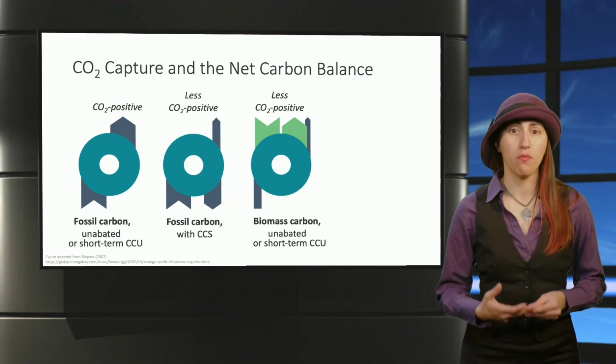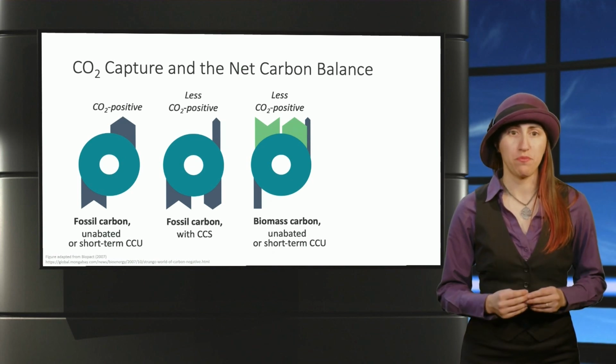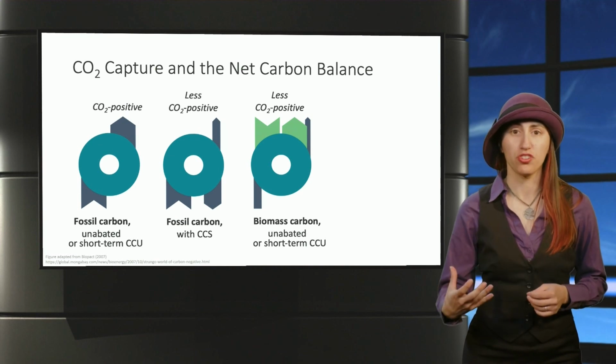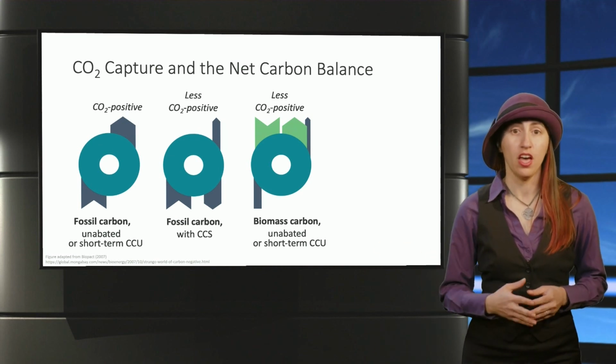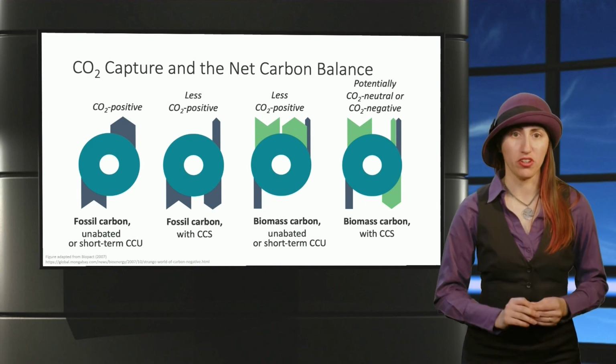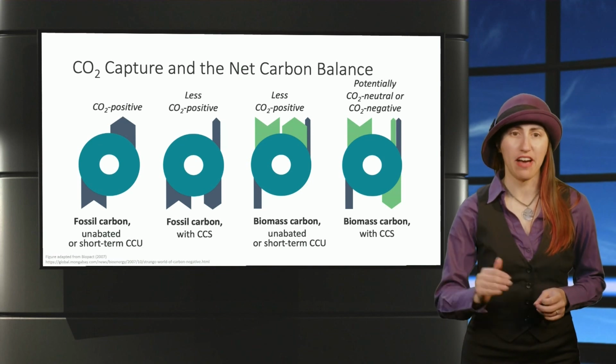It cannot be carbon neutral, as there will always be losses. For carbon capture to result in carbon neutrality or even carbon negativity, the carbon dioxide captured must be atmospheric in origin, such as from biomass, and must be stored permanently after capture.